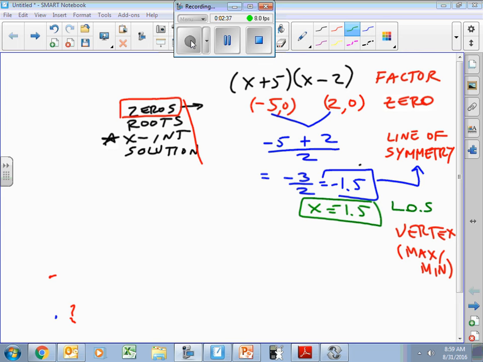Last step. How do I get the vertex? I take this x and I plug it back into the original wherever I see an x. So you have your calculator so that you can just type this in. Instead of x plus 5, you're going to type in negative 1.5 plus 5.